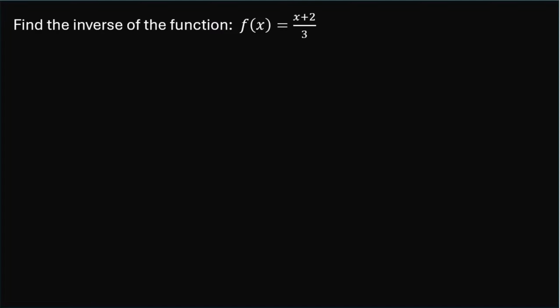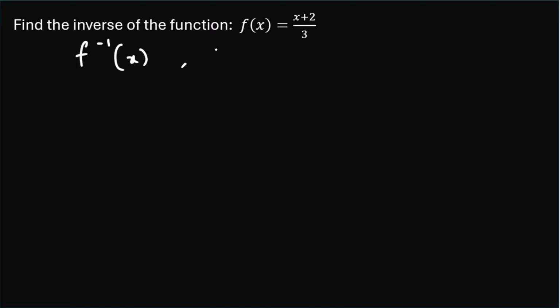So today our first problem is to find the inverse of the function f of x equals x plus 2 over 3. We need to find f inverse of x.